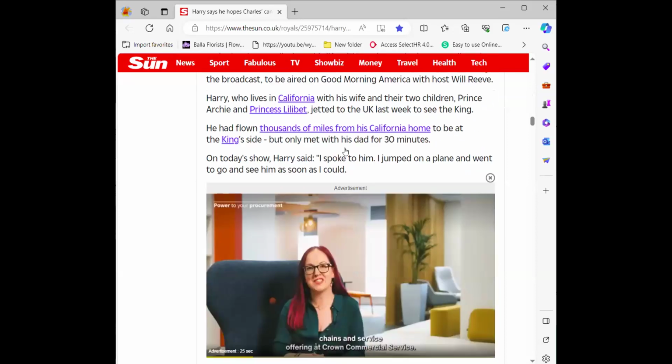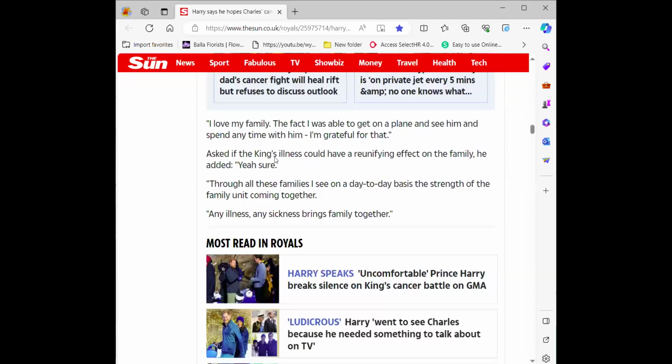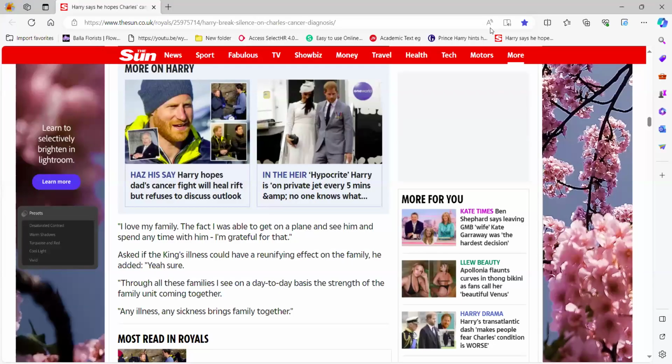So it's less formal. Asked if the King's illness could have a reunifying effect on the family, he added, yeah, sure. So the whole tone of it is less formal. Does anyone have any questions about the difference between those two articles?